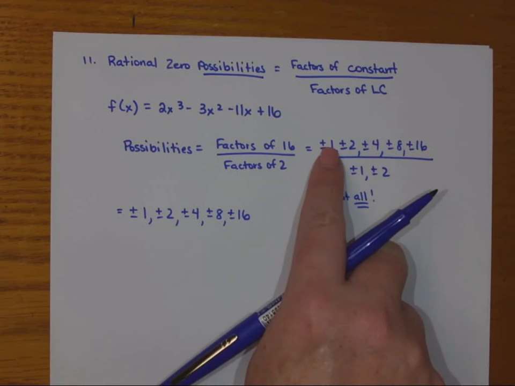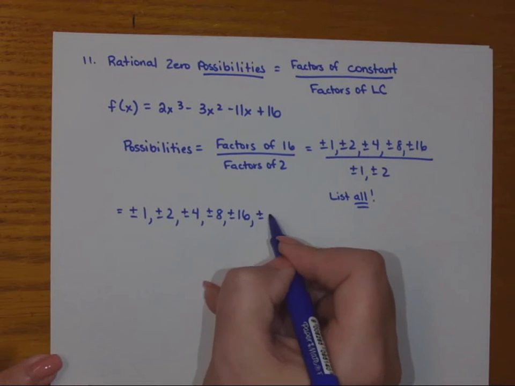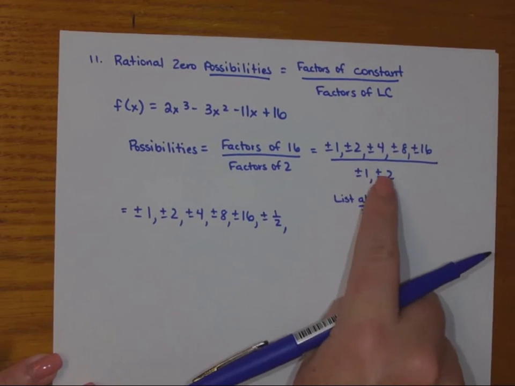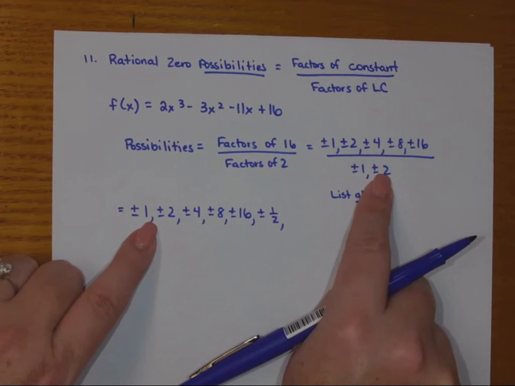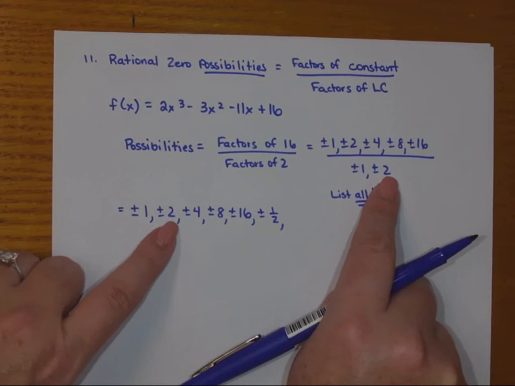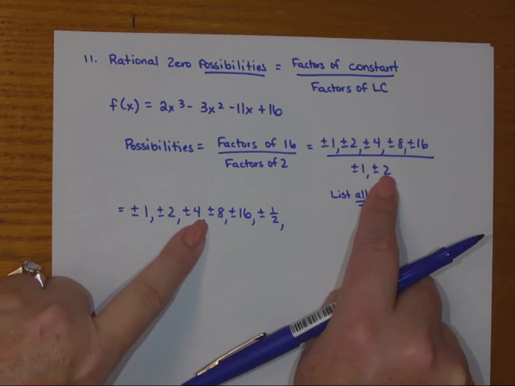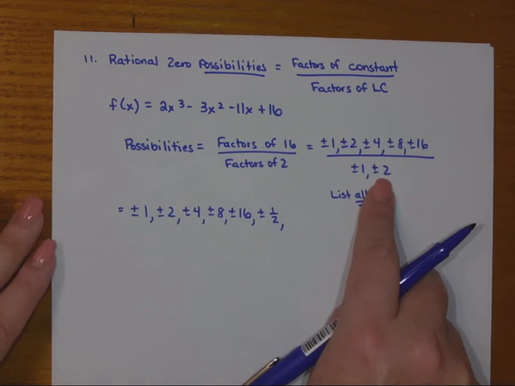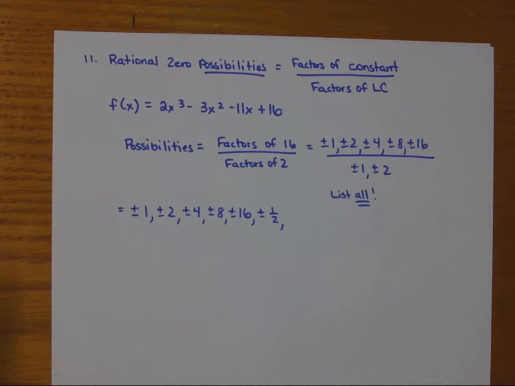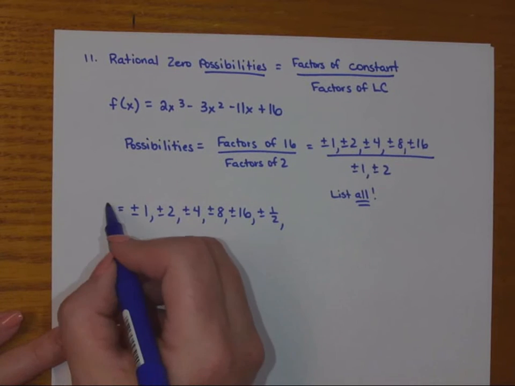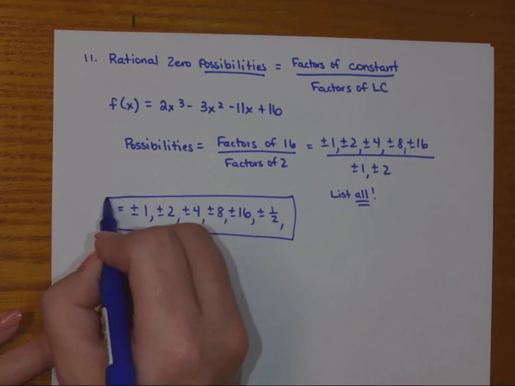But now I need to do 1 over 2, right? And then I've got 2 over 2, but that's just 1, so I don't need to write that. 4 over 2 is just 2. I already have that. 8 over 2 is just 4. I already have that. And then 16 over 2 is 8. So we end up getting these possibilities.